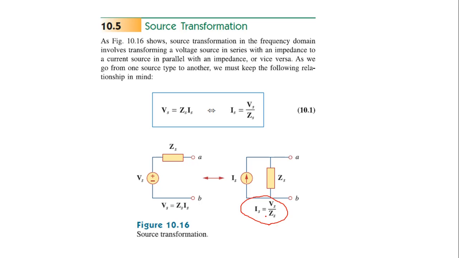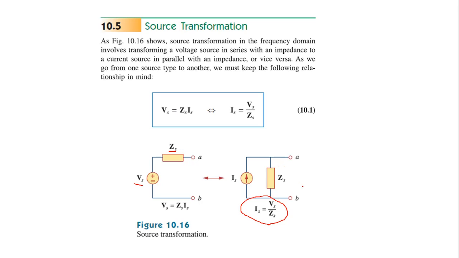Is will be equal to Vs by Zs. So when we have a voltage source in series with an impedance, we can convert this together into a current source in parallel with an impedance.